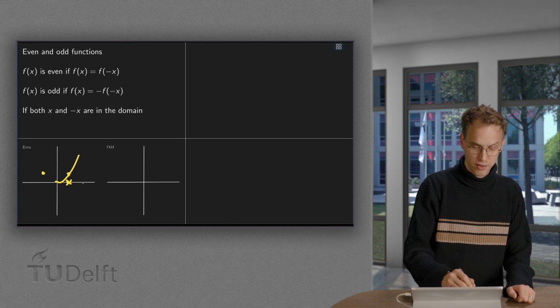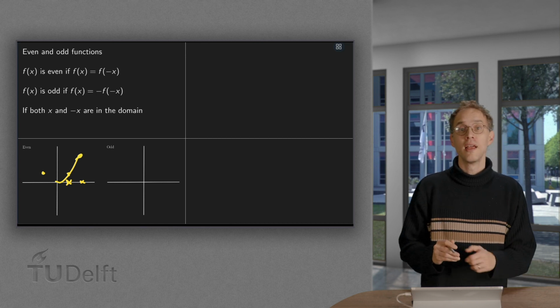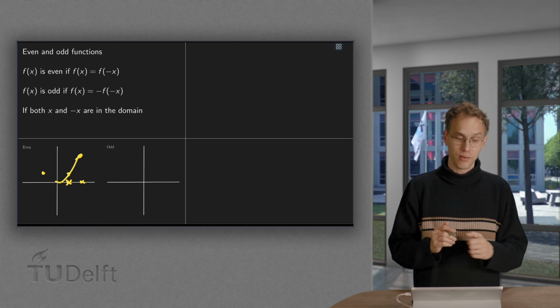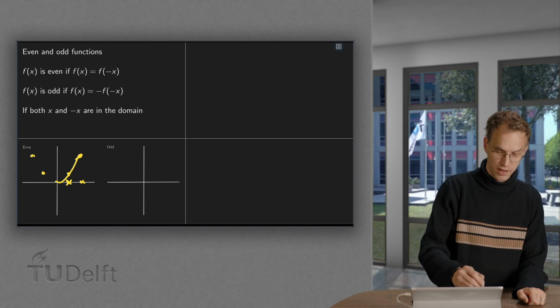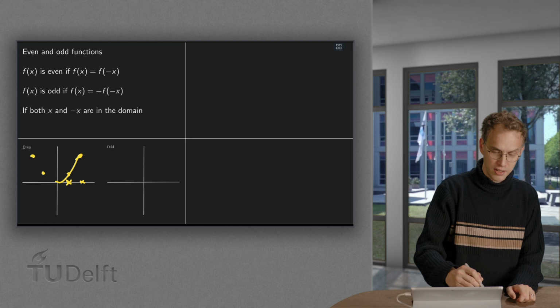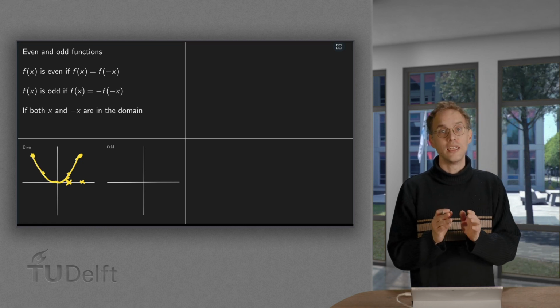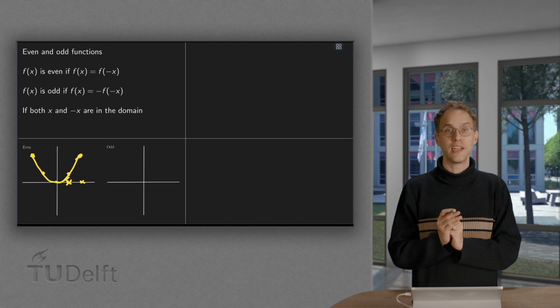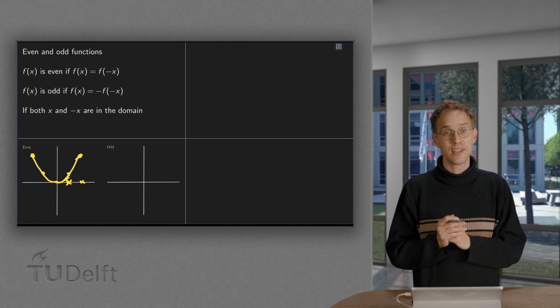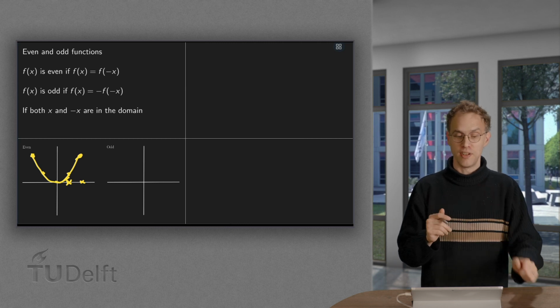Take some other value of x, say over there, then our f of x is somewhere over here. Then f of minus x should be the same height, so go somewhere over here. And the total picture looks something like this. So your total function is symmetric in the y-axis. So you can recognize from the picture already whether your function is even.